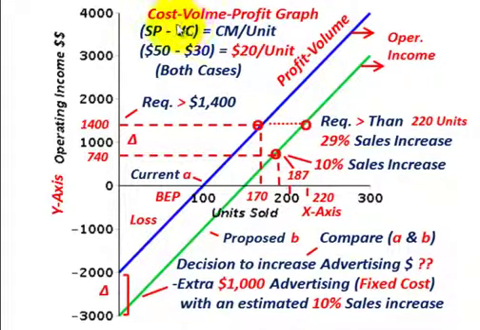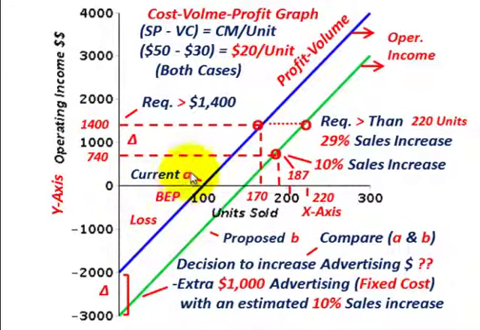This is where you look at your sales price minus your variable cost. For our example, our sales price is $50 per unit, variable cost $30. So the difference gives us $20 per unit in what they call contribution margin. For each unit we sell, we move up along our profit line by $20.